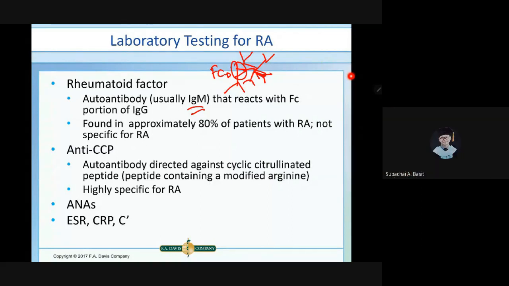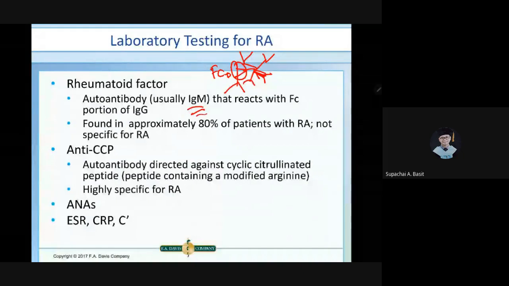So remember, guys, rheumatoid factor is not specific, okay, for rheumatoid arthritis.